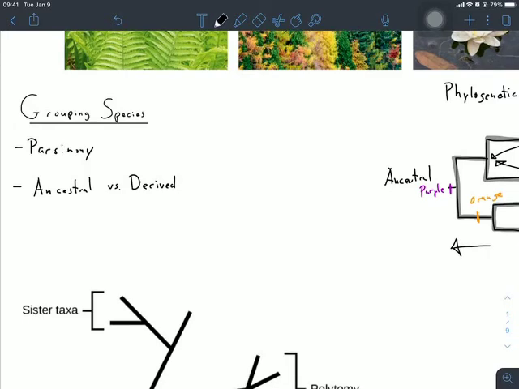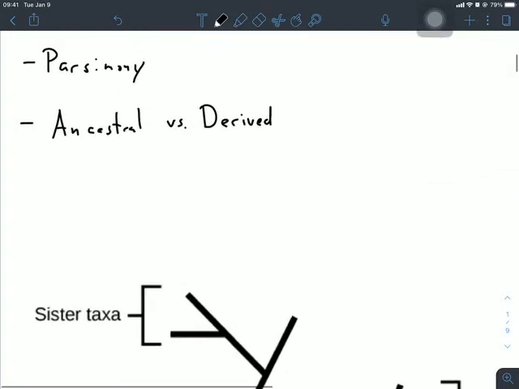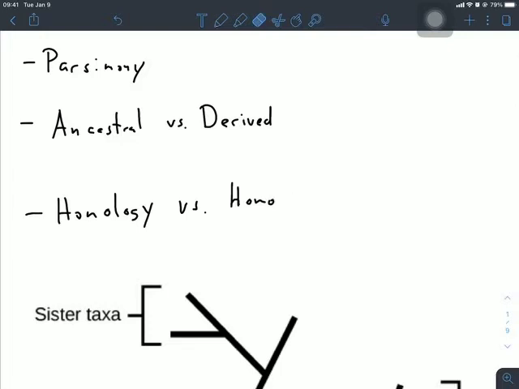In order to illustrate our next terms, homology and homoplasy, we will again turn to our tree of life.